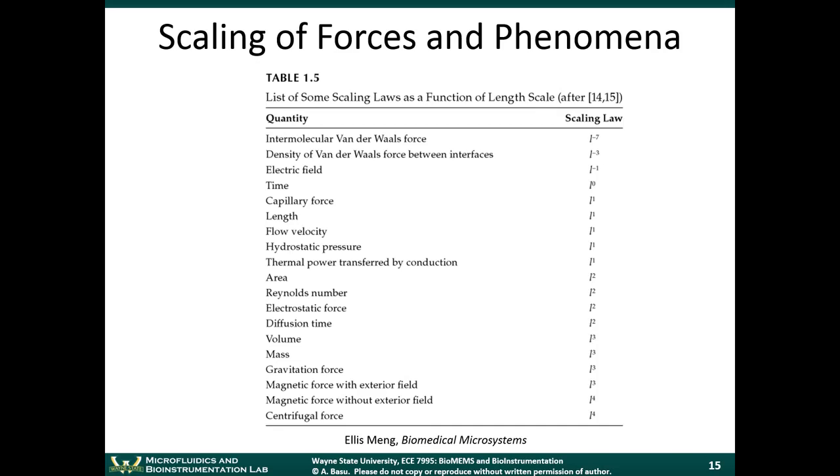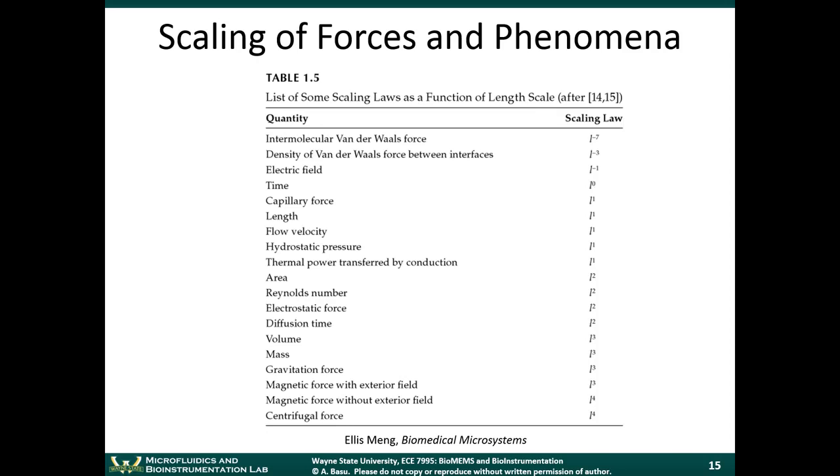This is from Ellis Meng's textbook, Biomedical Microsystems, on scaling of forces and phenomena. They're talking about forces in nature and how they scale. Intermolecular van der Waals forces scale as L to the -7. The density of van der Waals forces between interfaces scales as length to the -3. Electric field scales as length to the -1 under certain assumptions.